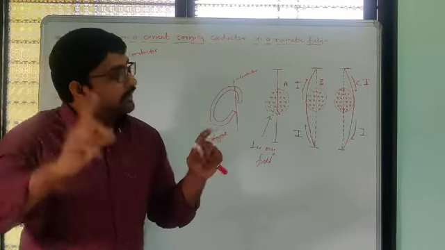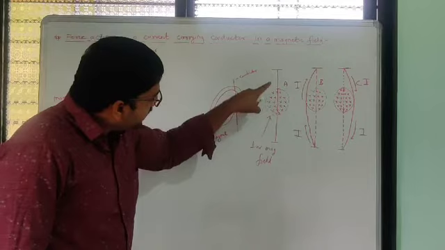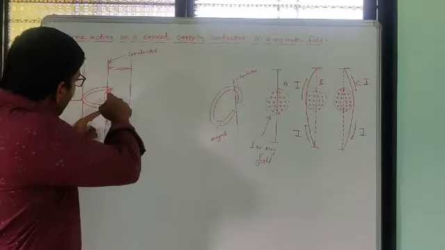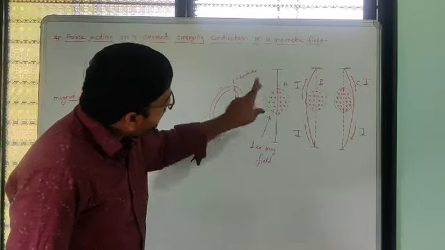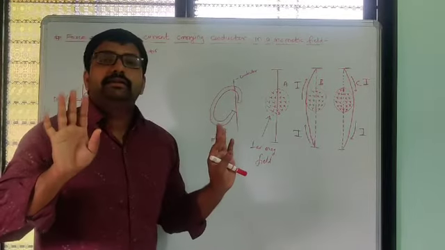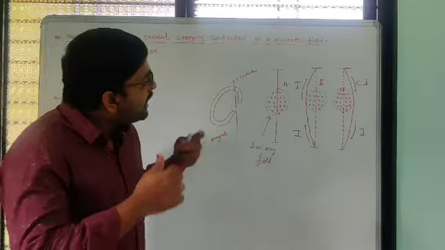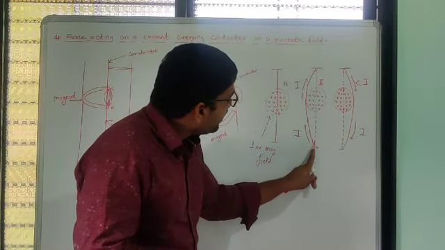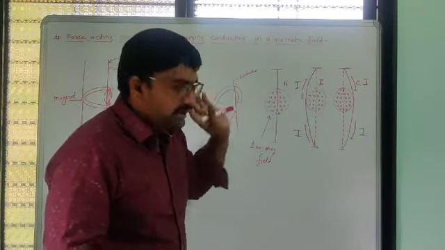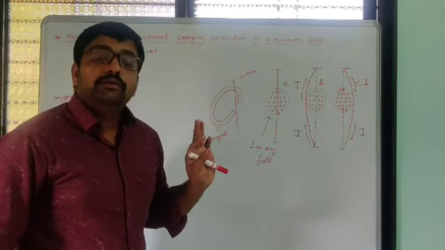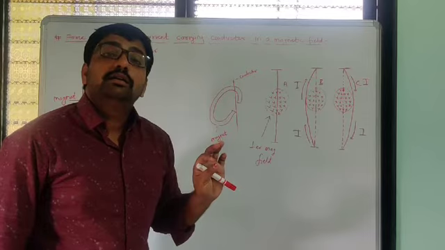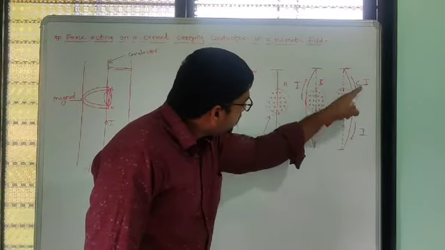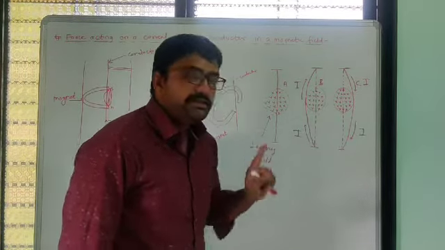One thing we have to remember: when we place an electric conductor in a magnetic field, if we do not pass current, no change takes place. But if we pass current through it, a force will act on it. That force direction depends on the current direction, and as we change the current direction, the force changes.